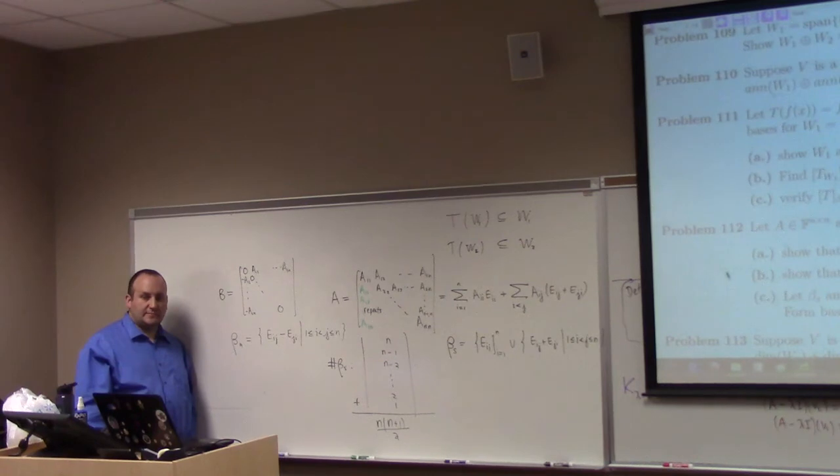Does that make sense? Again, there's some gaps in my proof. I should prove linear dependence, I suppose. So in the 2 by 2 case, this is just what?